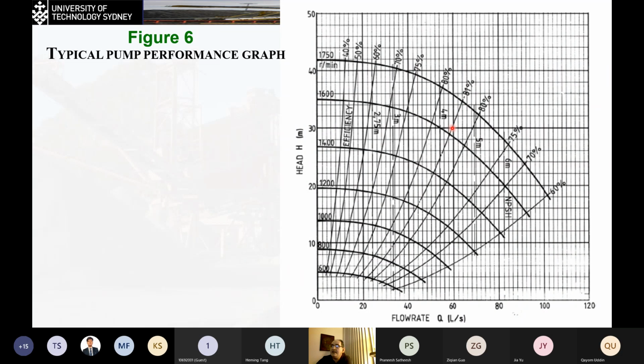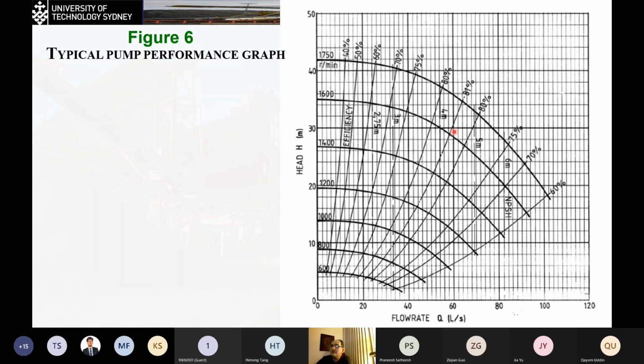The efficiency is 81%, and the number of revolutions per minute is 1,600. The NPSH value, which we're going to explain very soon, is going to be about 4.5 meters.